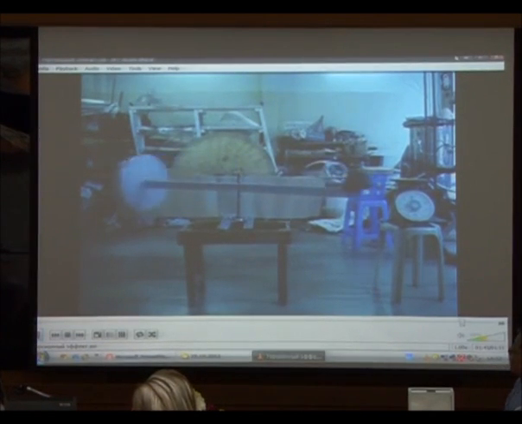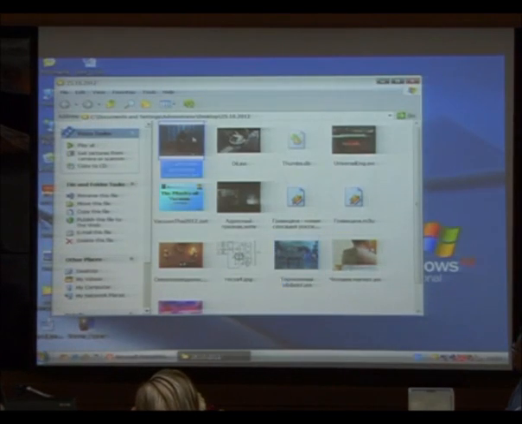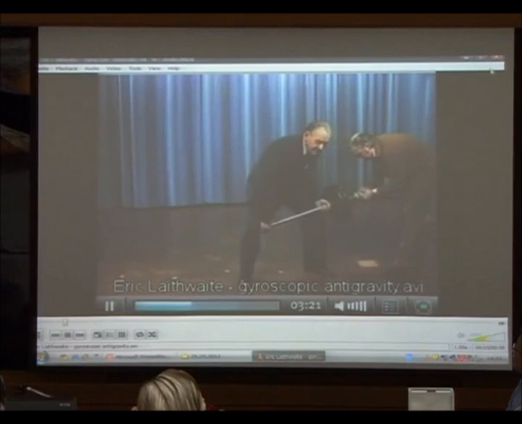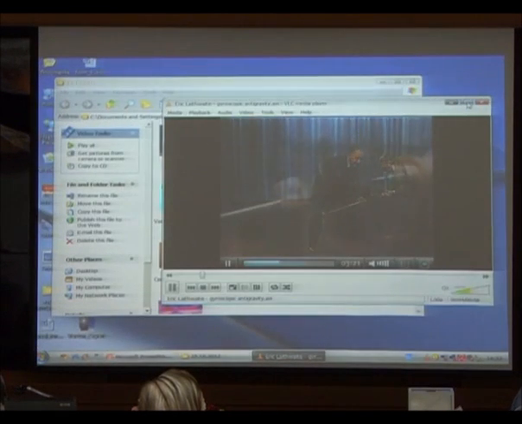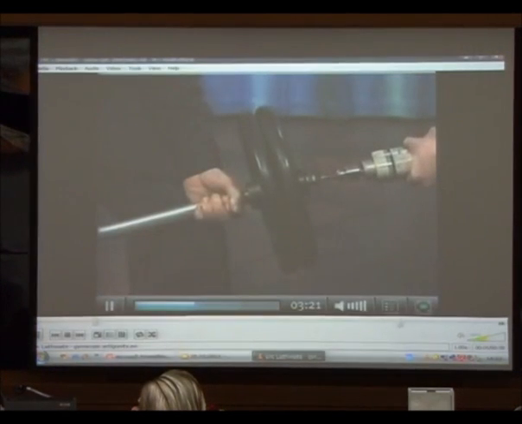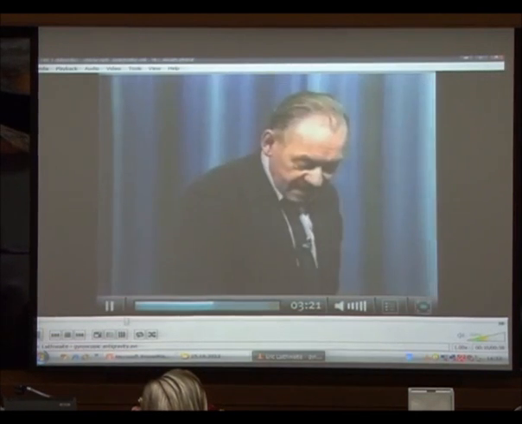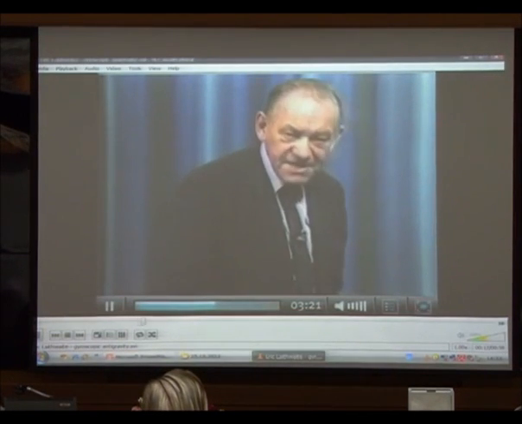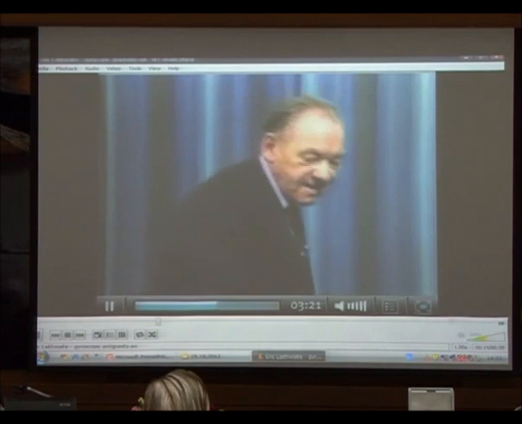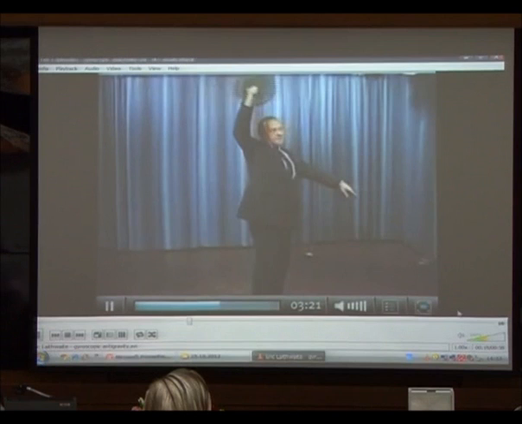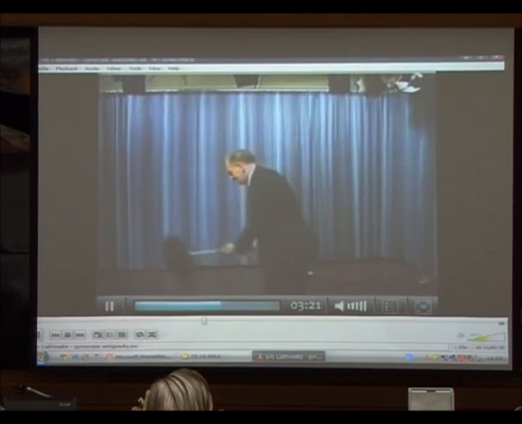Wait. This is a weight of approximately 25 kilos. The big discs, this is a gyro. 25 kilos approximately.